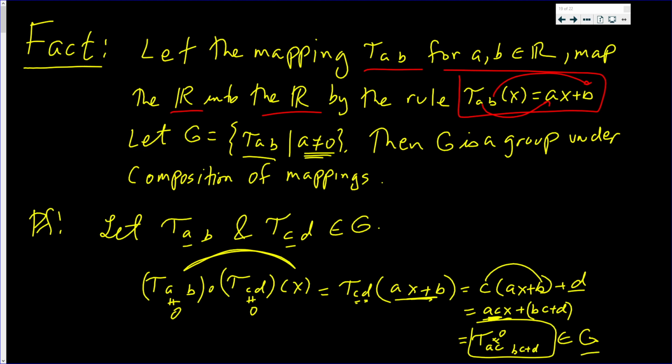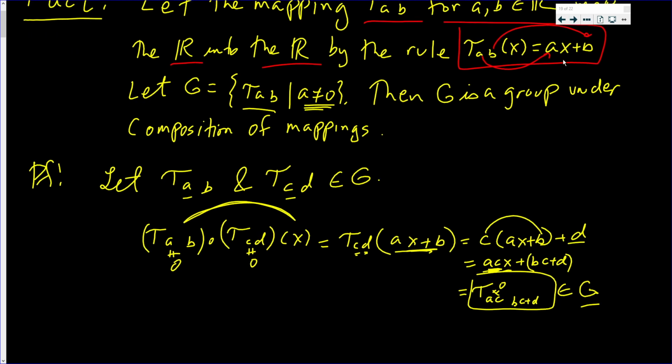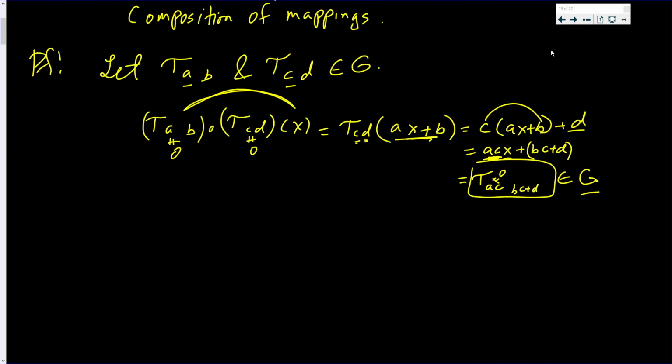We have closure. Okay, now if you take tau of a, b, what can you multiply it by? That is, what goes down here? So you just get back... Well, before we can talk about inverses, we need to talk about the identity.